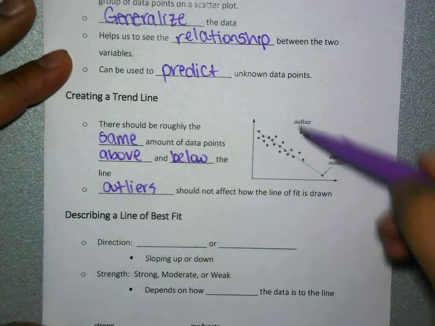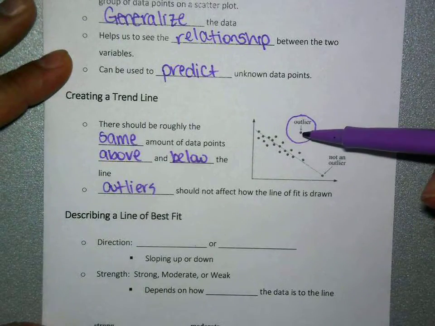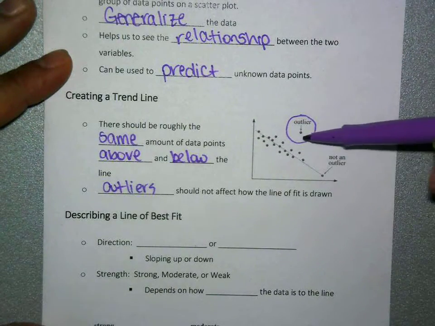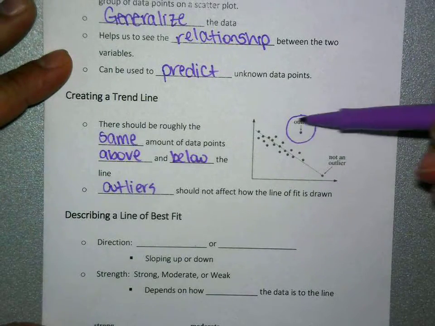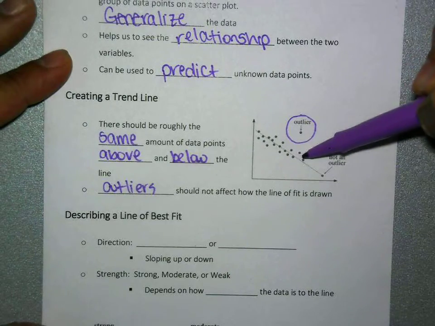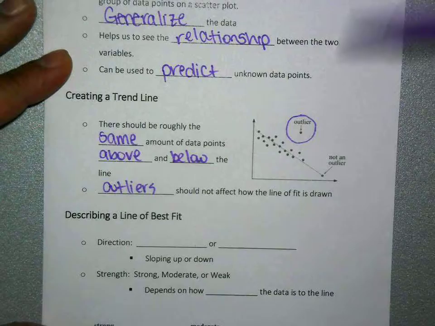So you'll see that over here we have an outlier. We're not going to use this point to determine what is cutting these points in half. This one's not really with the rest of our data, so we're kind of going to ignore it and focus on the data that's super clustered together to determine where we should draw our line so that it cuts it in half.